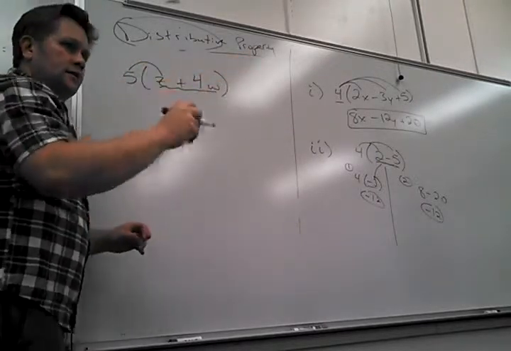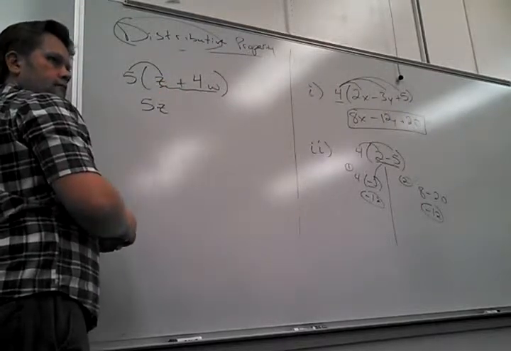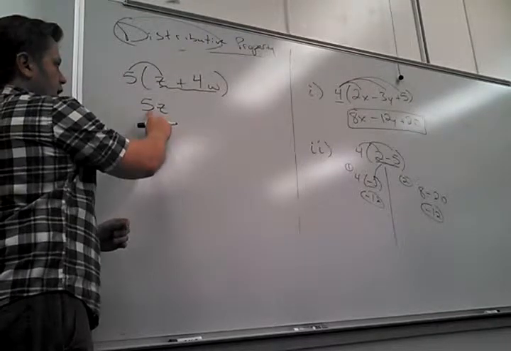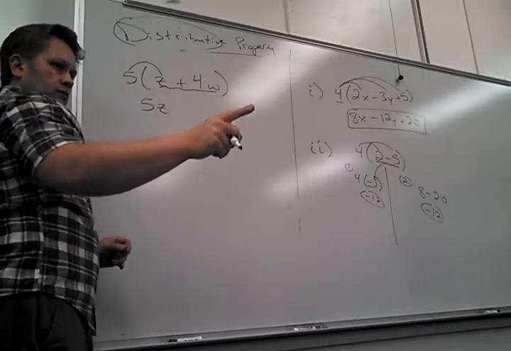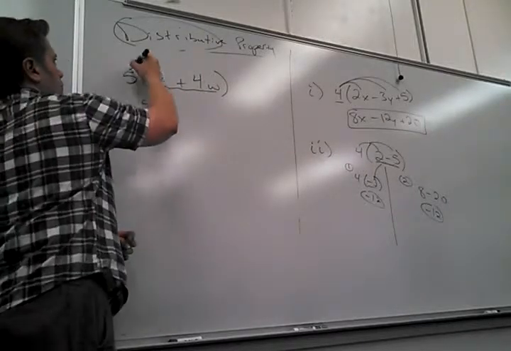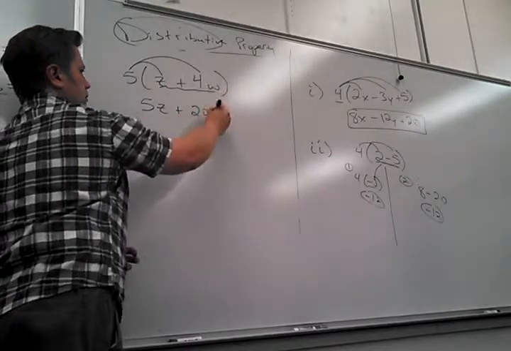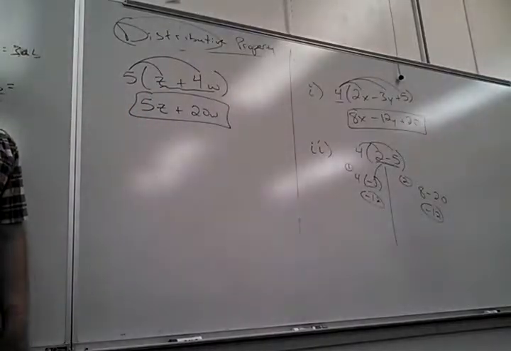It's 5 times z. That's 5 times z, right? When you see a number sitting next to a letter, that means multiplication. Now what's 5 times 4w? 20w. That's simplified.